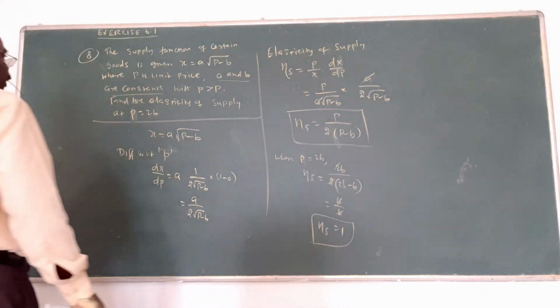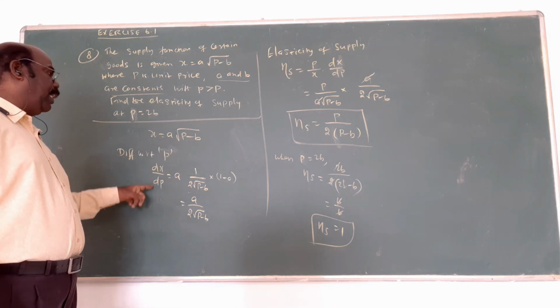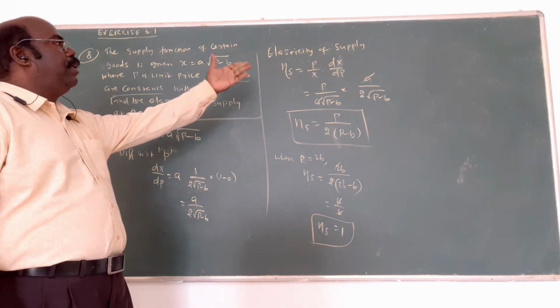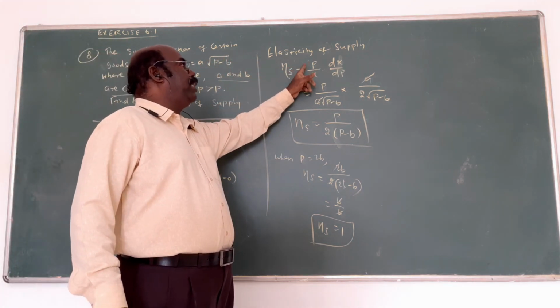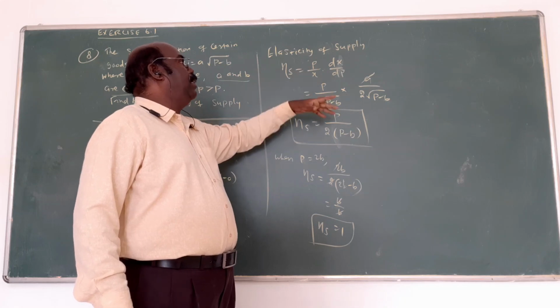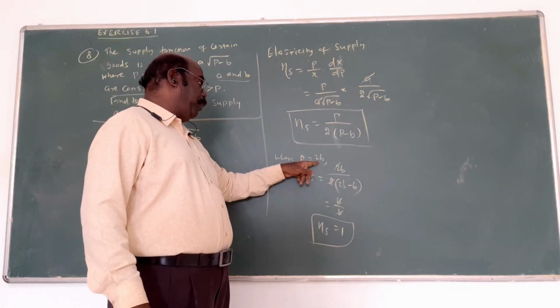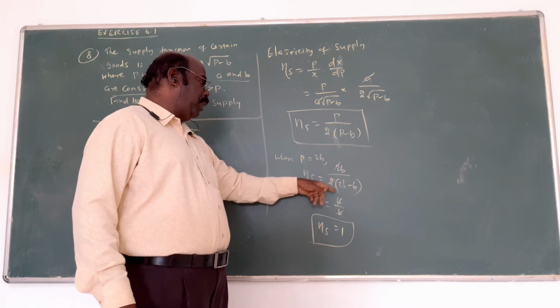Out of so many letters, you must understand which are constants and which are variables. Since a and b are constants, we take dx by dp. The right formula for supply has plus, not minus. For demand, minus will come. For supply, only plus. Use the right formula and substitute the value, when p equal to 2b, substitute that.